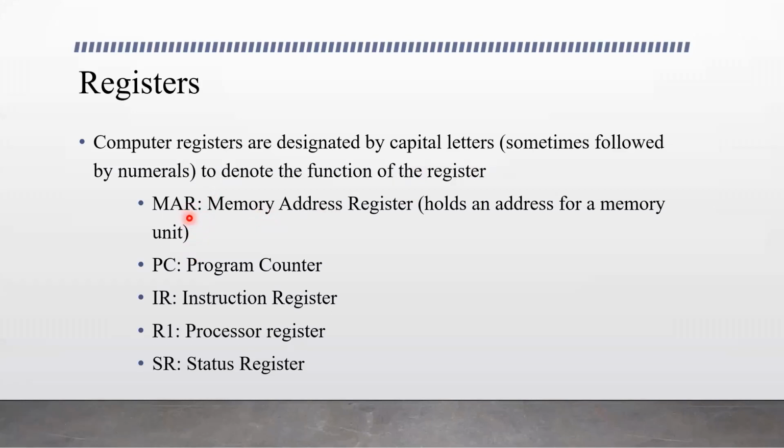MAR is the memory address register that holds the address of a memory unit, and PC is the program counter that holds the address of the next instruction to be executed. The instruction register that holds the instruction being executed is named IR. The general purpose registers in the processor are numbered R1, a capital letter followed by a number, and the status register that shows the current state of the processor is named SR. This is how the registers are named.